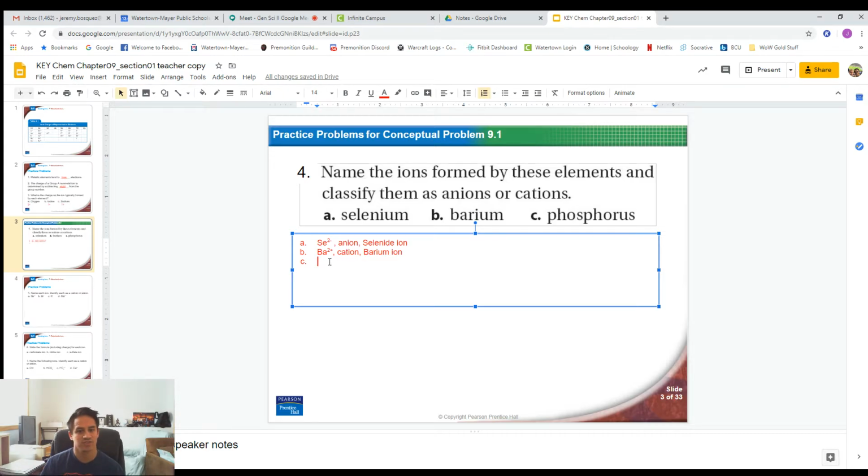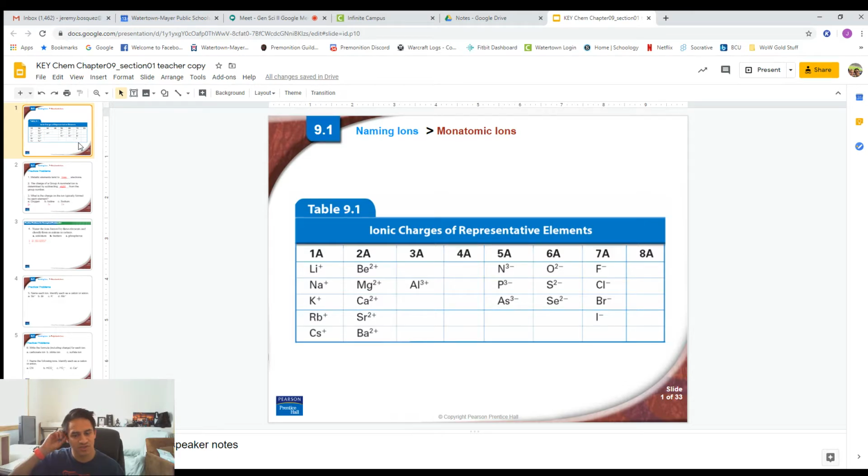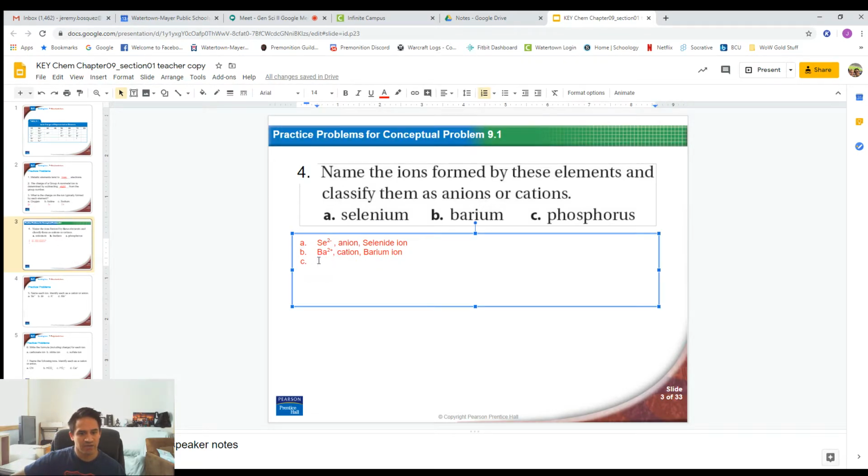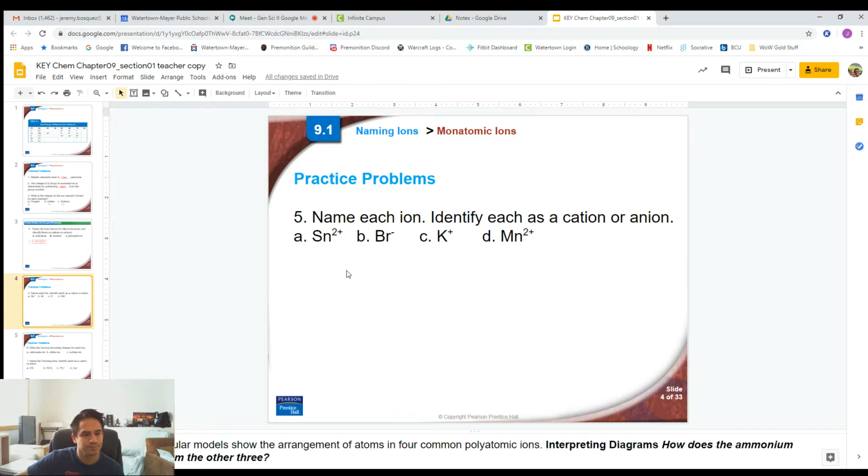That is only for negative ones. And then for letter C, phosphorus. Again, phosphorus is on this chart. It makes a charge of 3-. So we will have P3-. This is an anion, and because it is an anion, we need to change the ending to "ide." So rather than calling this a phosphorus ion, we would call it a phosphide ion.